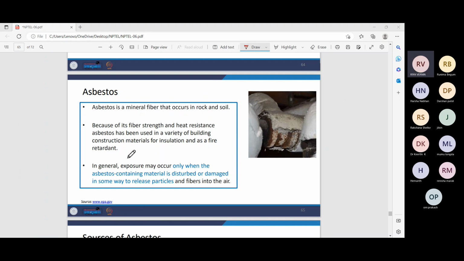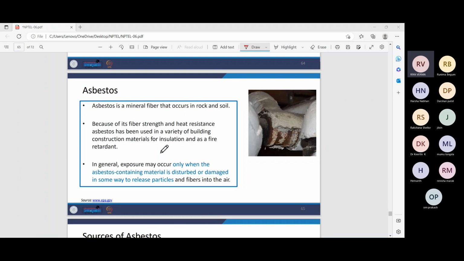And in general, exposure may occur only when the asbestos containing material is disturbed or damaged. Basically, it needs some way to release the particles or the fibers into the air.